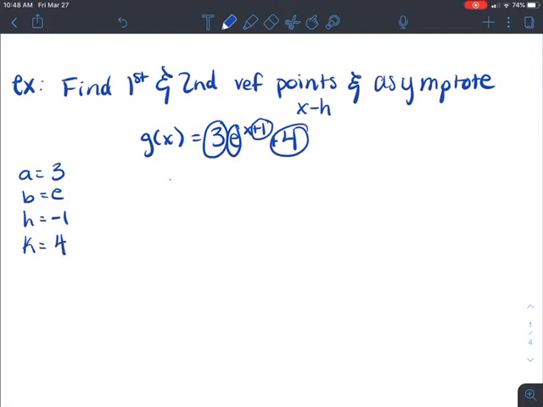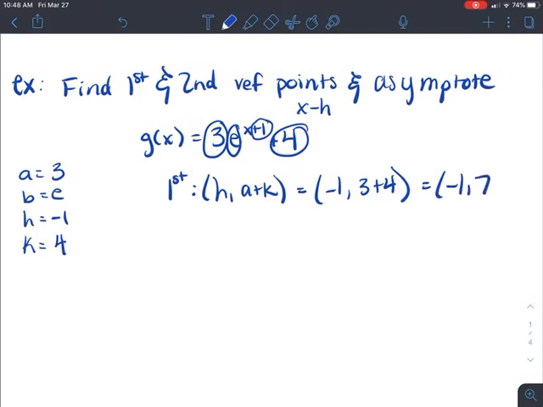So I'm going to use my first reference point formula, which is (h, a plus k). So h is -1, my a is 3 plus 4, which gives me a value of (-1, 7). For my second reference point, it's (h plus 1, ae plus k).